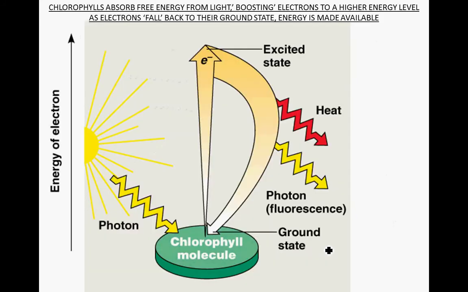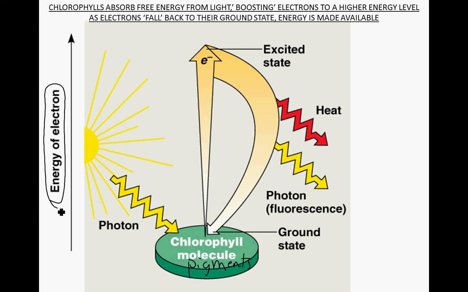And so this is what's going on when these chlorophyll molecules or other pigments are pigments that contain electrons. These are organic molecules that contain electrons, and you see that we put this on an energy scale over here. So this is free energy.